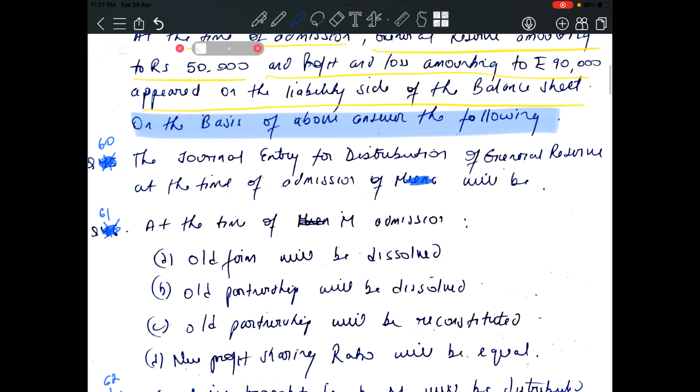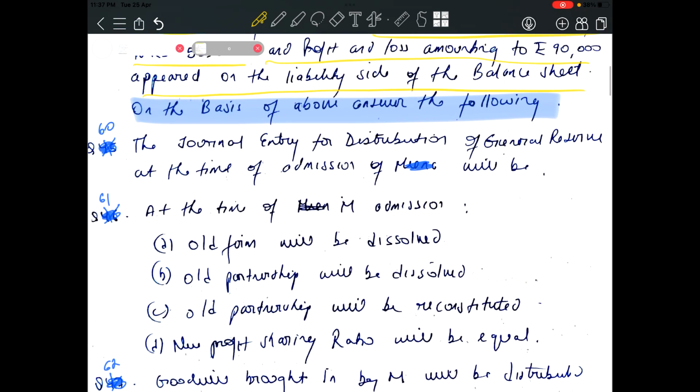Okay, so now let's see. The journal entry for distribution of general reserve at the time of admission of M will be, okay, what will be the journal entry?